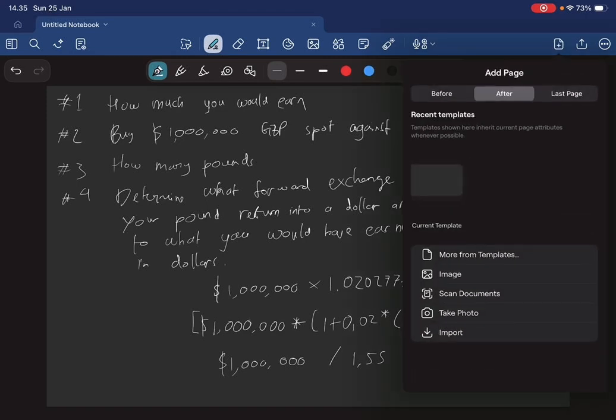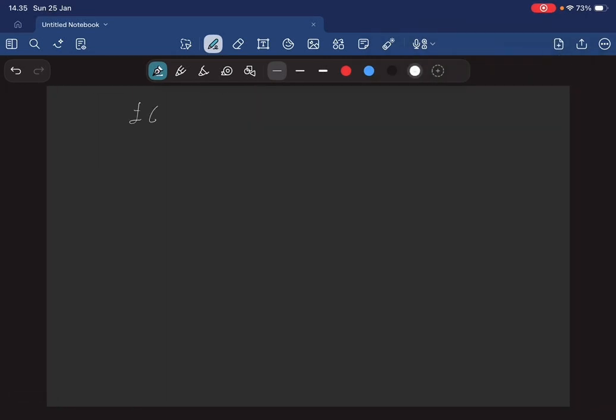And from that result, we calculate the rate which equates these two cash flows.